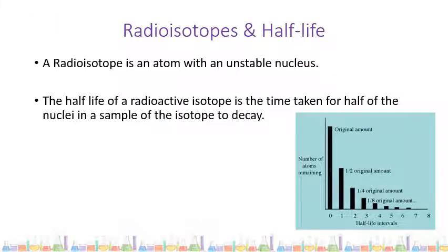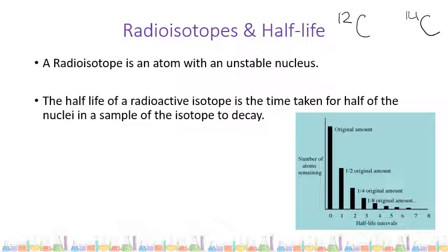A radioisotope is a radioactive isotope. Not all of our elements on the periodic table are radioactive, but they all do have isotopes, and some of those isotopes may be radioactive. A good example of this is that carbon that we discussed before.